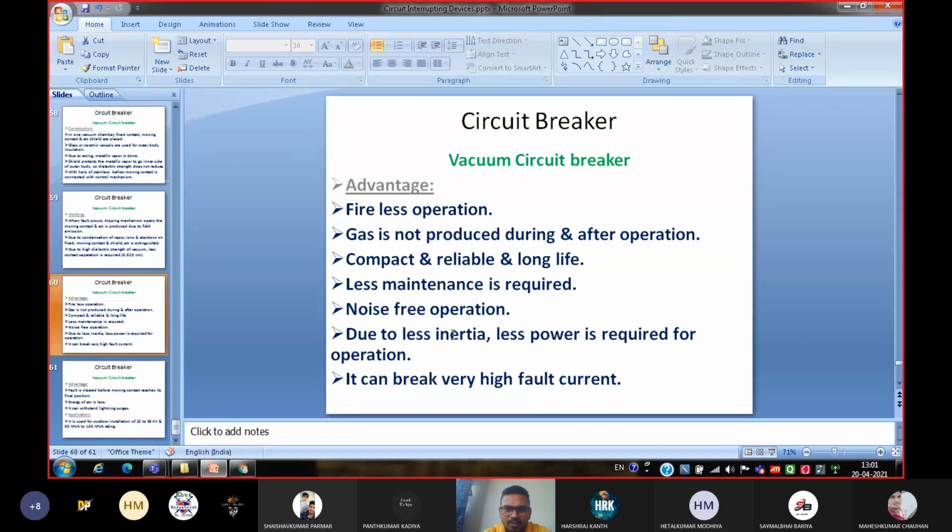Due to less inertia, less power is required for operation. It can break very high fault current. We can use it to break very high fault current.